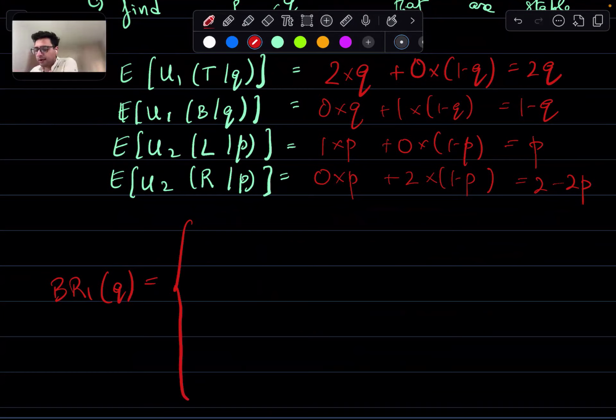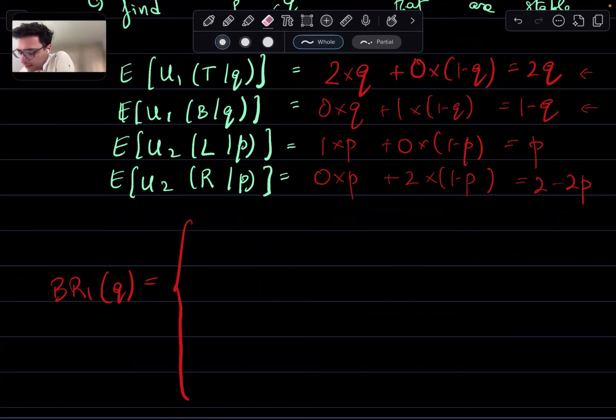Let's start with a low value of Q. When Q is 0, player 1 gets nothing from choosing top, because that's 2 times 0, and player 1 gets everything, 1 minus Q, 1 minus 0, from choosing B. So player 1 will definitely choose B.